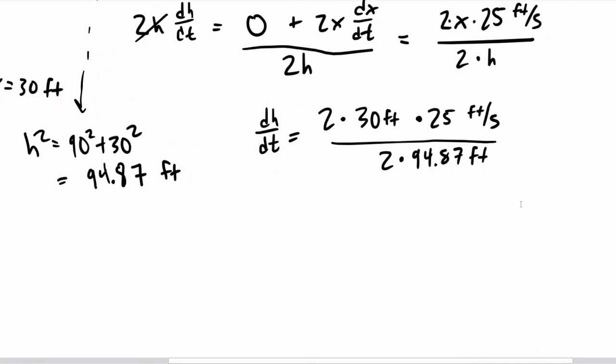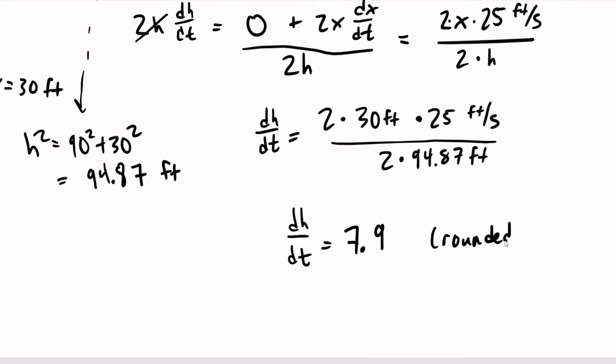So we've got 2 times 30 times 25 divided by 2 times 94.87, and this dh/dt is 7.9. And again, this is rounded. And that's feet per second.